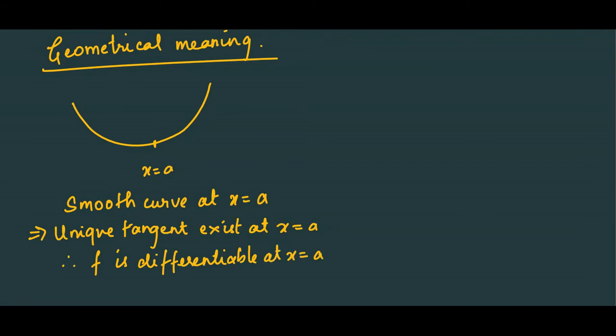In contrast, let's say we have a function like this. It has a sharp corner at x equal to A, a sharp corner or sharp edge.